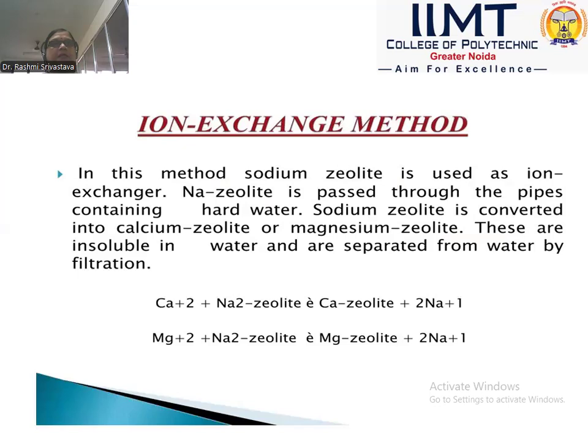Sodium zeolite is passed through the pipes containing hard water. Sodium zeolite is converted into calcium zeolite or magnesium zeolite by ion exchange. These are insoluble in water and are separated from the water by filtration.